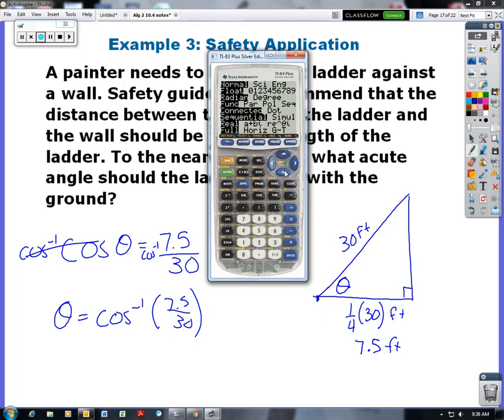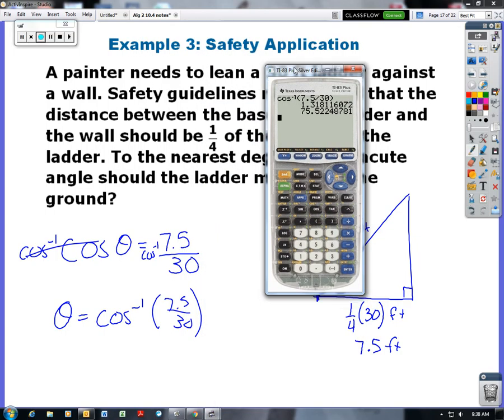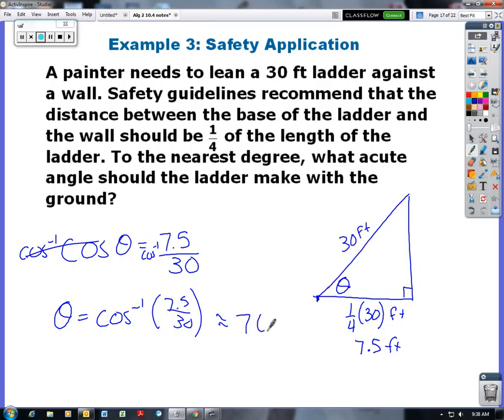So if I go to mode, notice I'm in rads. I want to go to degrees since this is a real world problem. Now I can do enter again, and it will give me the answer in degrees. 75.5, and it says to the nearest degree, so that's going to be 76 degrees. So if you're in the wrong mode, hopefully you'll notice it by getting a weird answer.